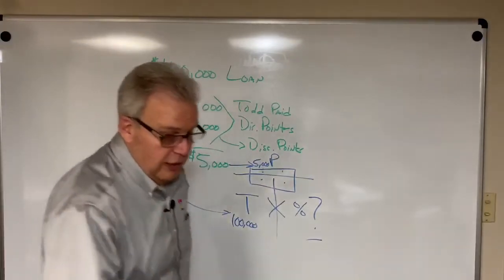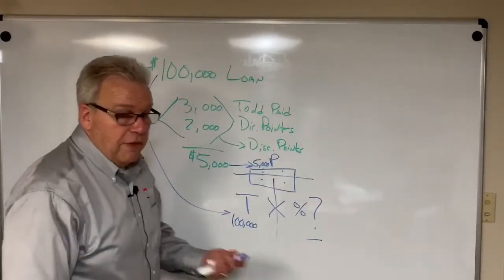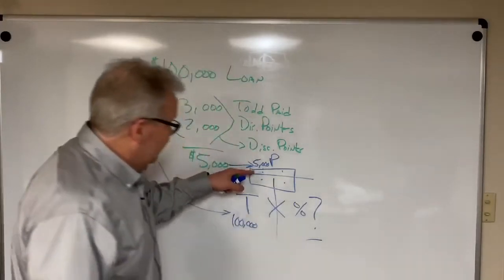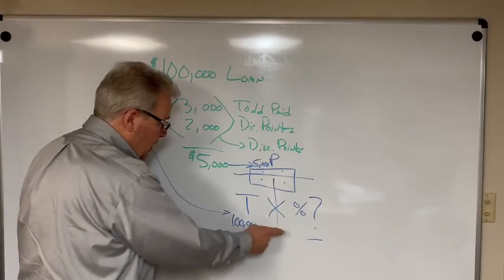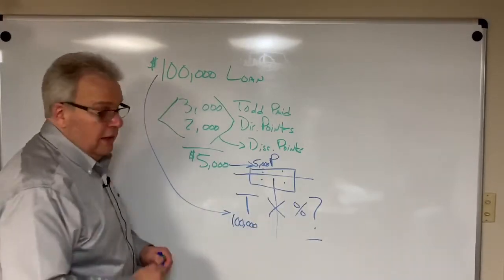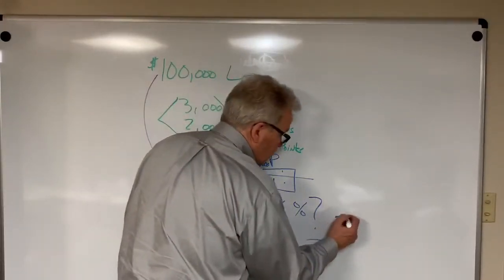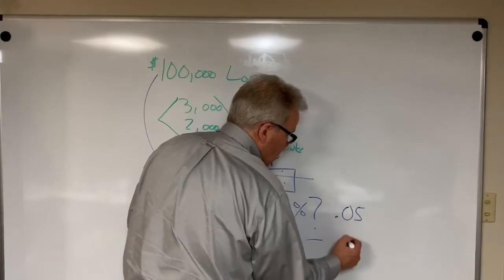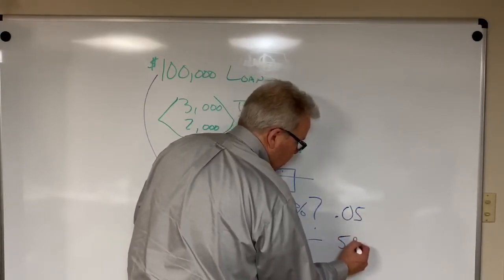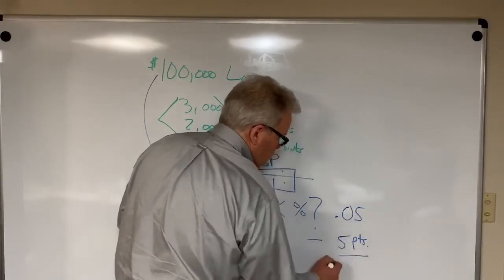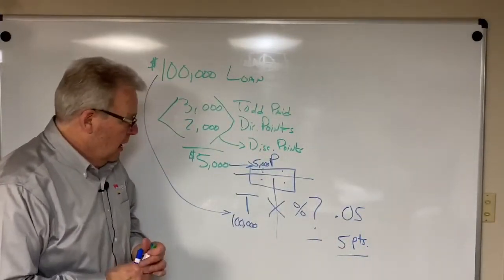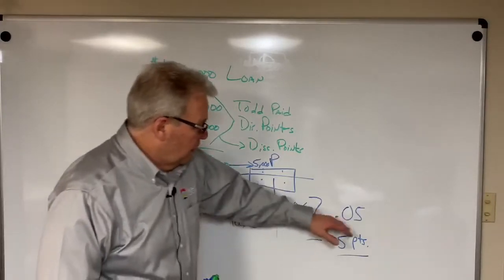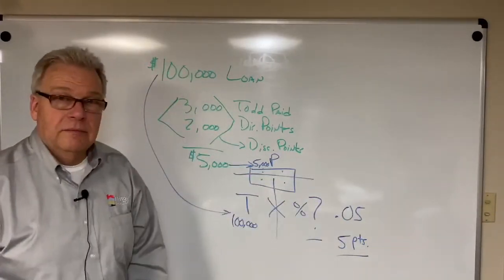That always goes in your calculator first. So 5,000, press the divide button, put in 100,000, and you will get 0.05 or 5 points. That's how many points were charged. Okay? And if you took 100,000 times 0.05, you'd get 5,000.